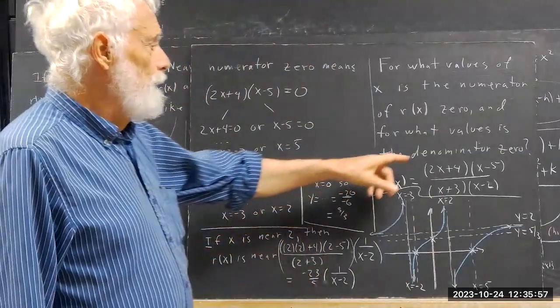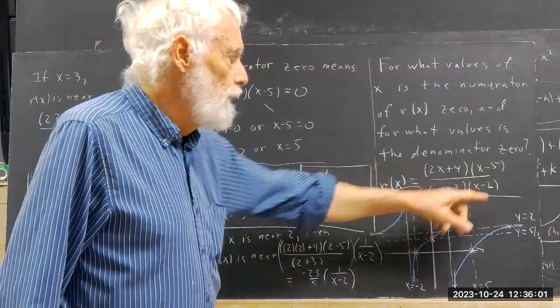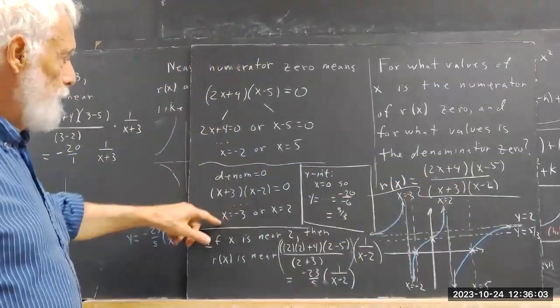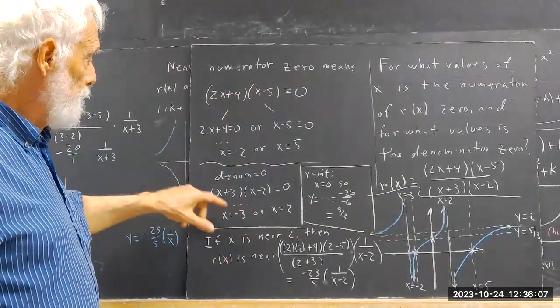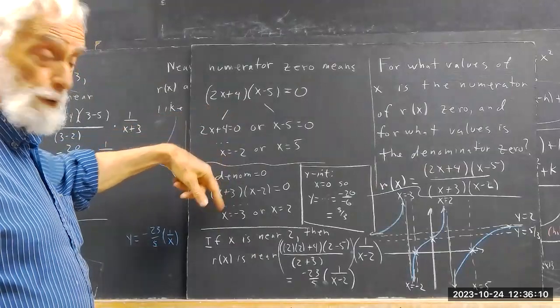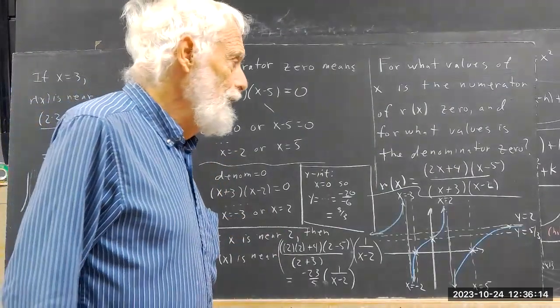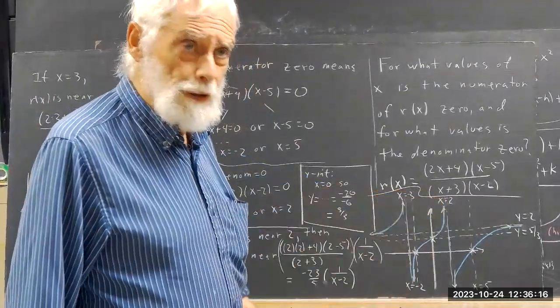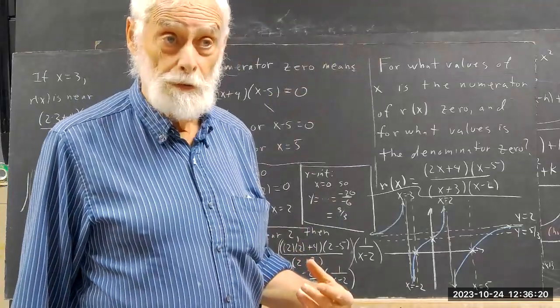Okay, then we find when the denominator is 0, and that occurs when x equals -3 or x equals 2. Now we write that out and we break it into two equations and stuff, but I just used 3 dots here because we do it the same way we did this, okay? Then we get x equals -3 or x equals 2. Now, x plus 3 is in the denominator. It means you've got like a 1 over x plus 3 in this function, right?